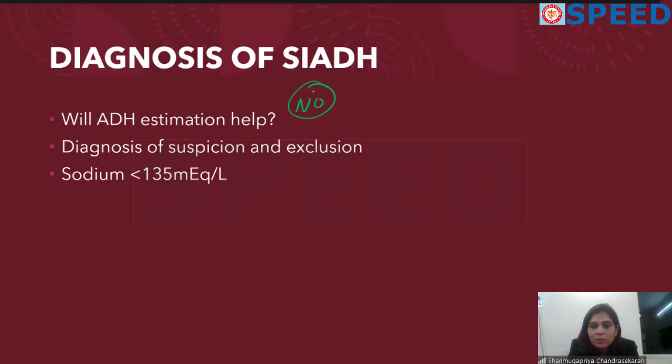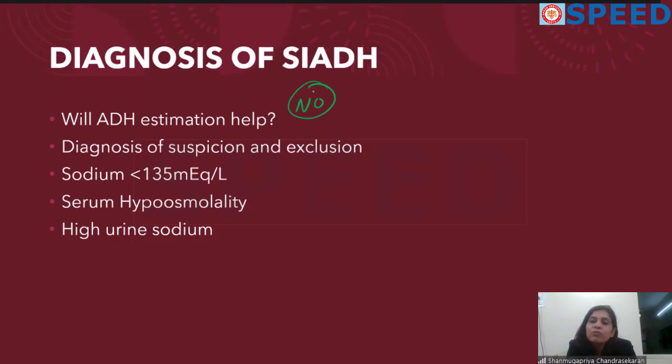In SIADH, serum osmolality is going to be low, serum hypoosmolality. Then I look at the hydration status of the person. For me to say it's SIADH, the person has to be euvolemic. And then I look for urine sodium, and urine sodium has to be high.